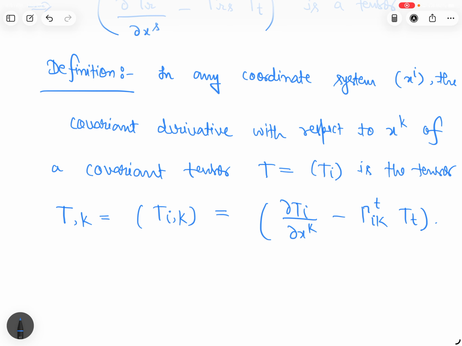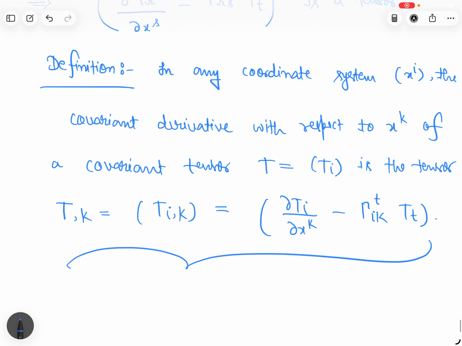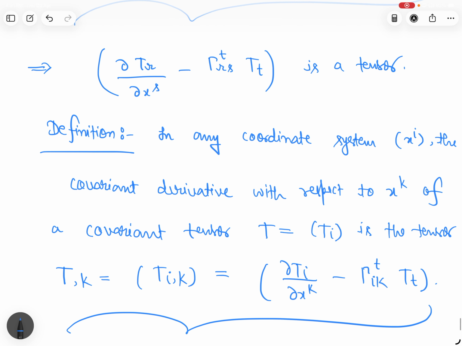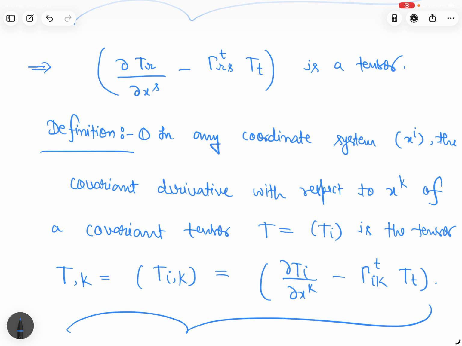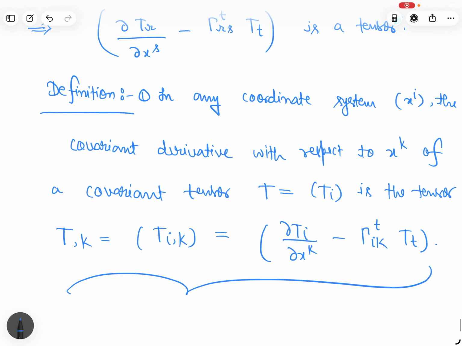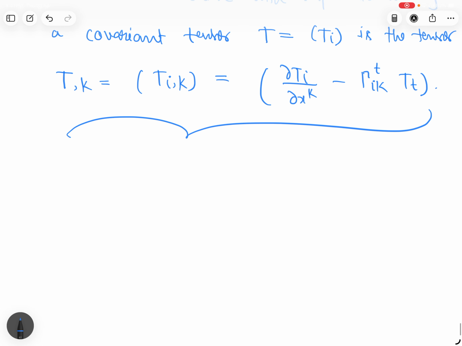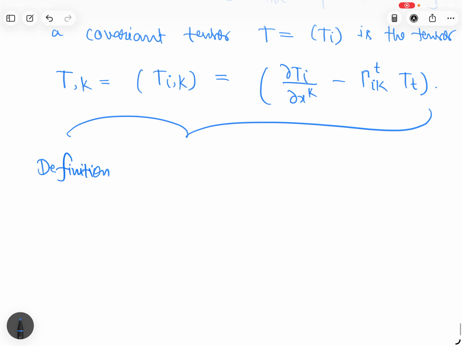It is also written this way, T^i,k equal to ∂T^i/∂x^k plus Γ_tk^i T^t. This is the Γ, the second Christoffel symbols.